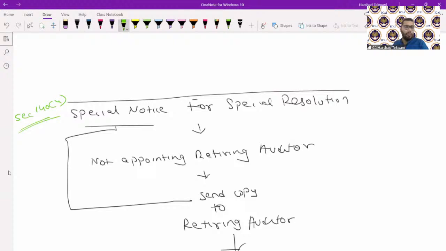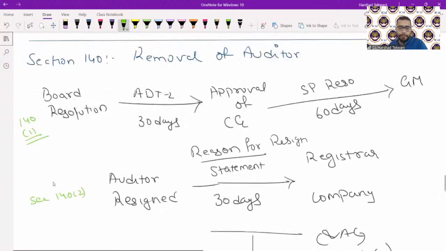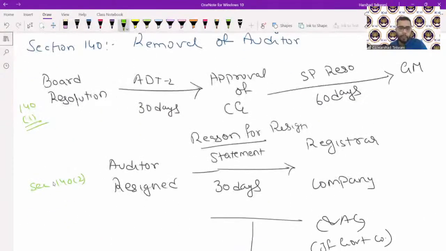Any doubt till now? Yes, if there is any late filing fee, then that fee will also be applicable. But you need to check what the late filing fee is for that particular form. I think it's ADT 2, not ADT 3.